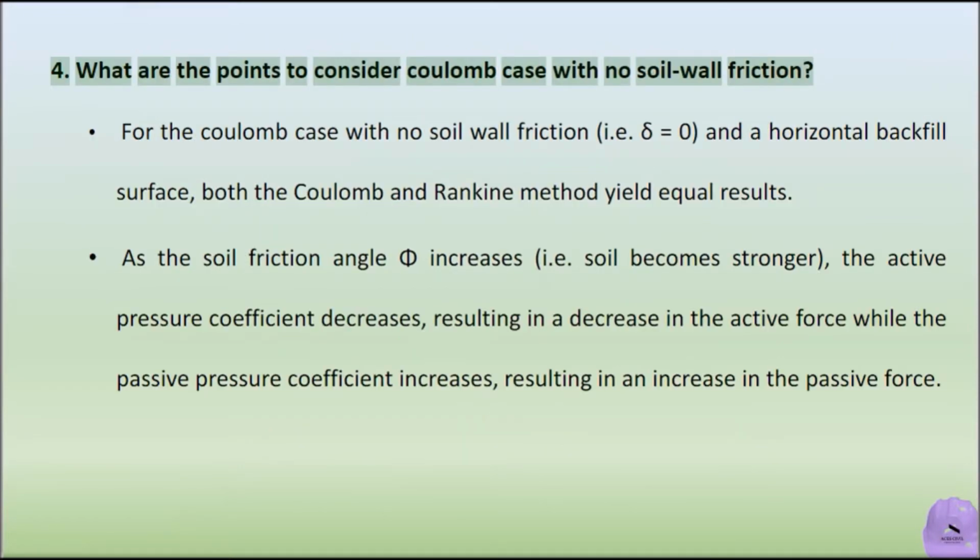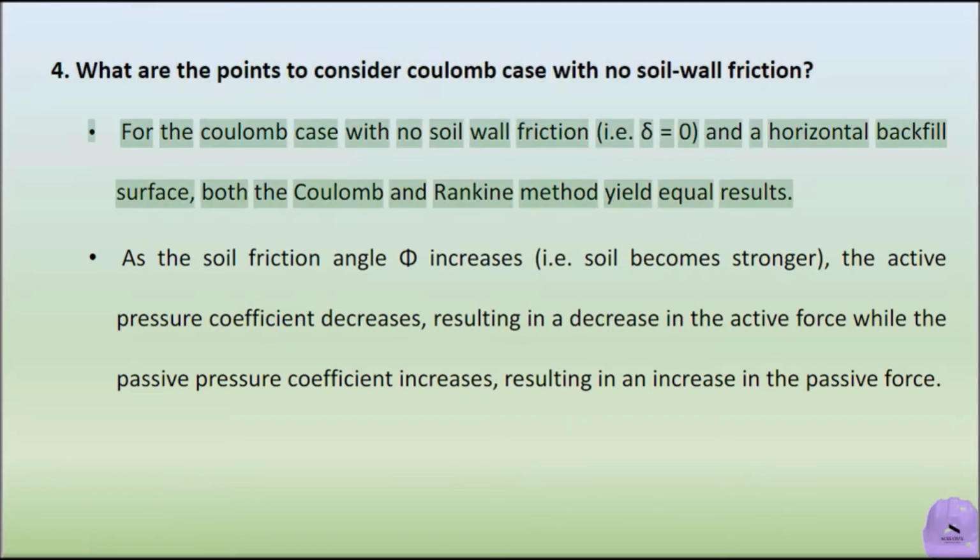4. What are the points to consider for the Coulomb case with no soil wall friction? For the Coulomb case with no soil wall friction, i.e. δ equals 0, and a horizontal backfill surface, both the Coulomb and Rankine methods yield equal results.